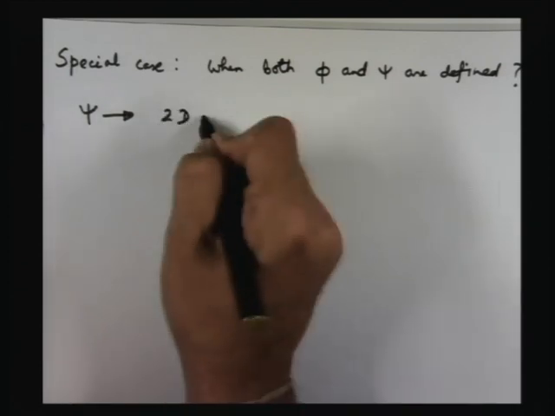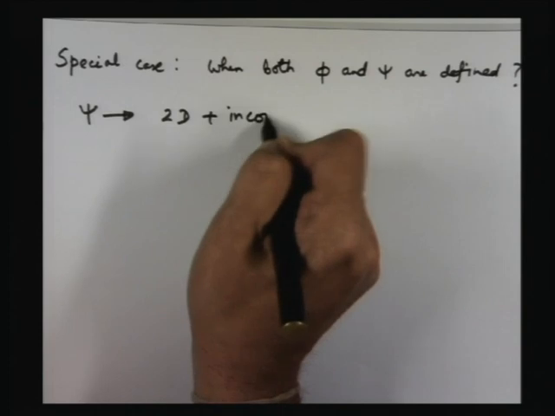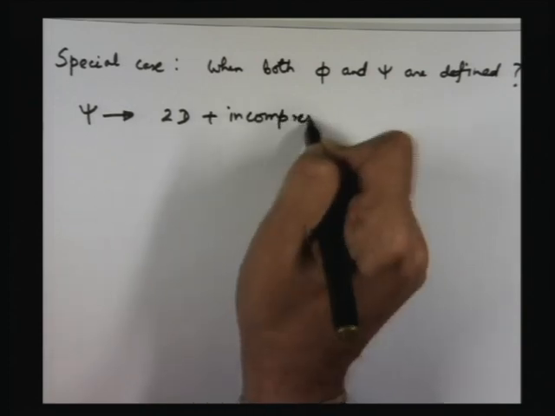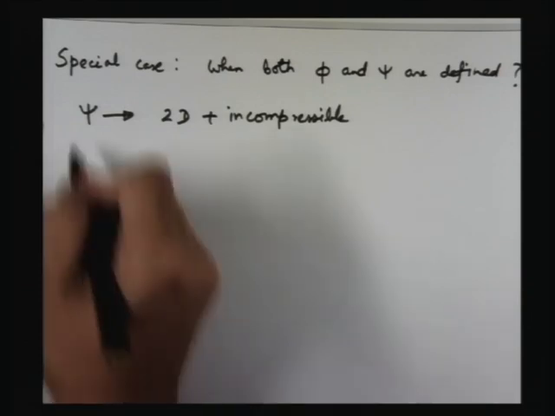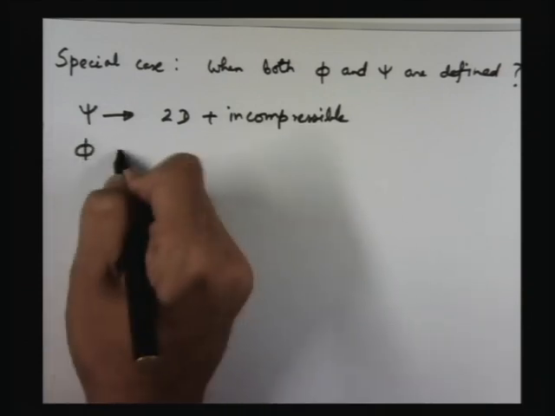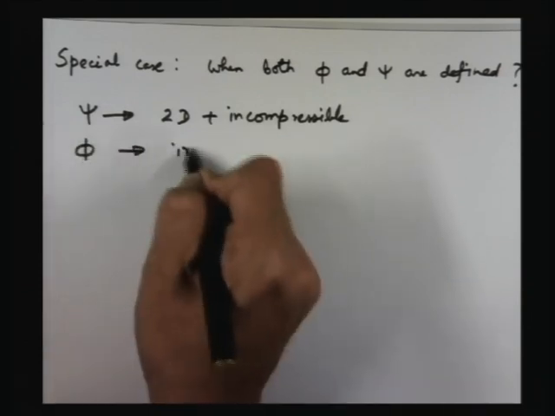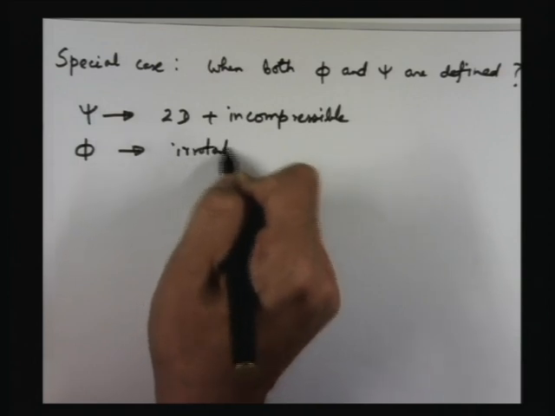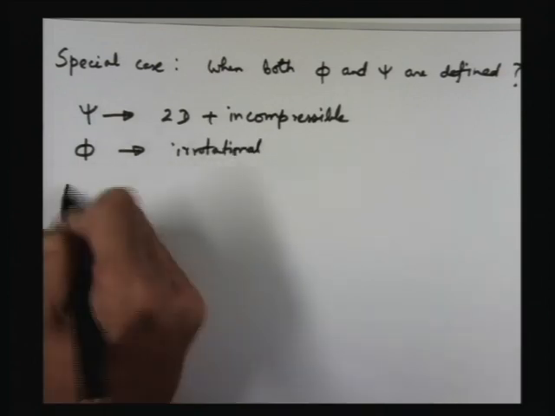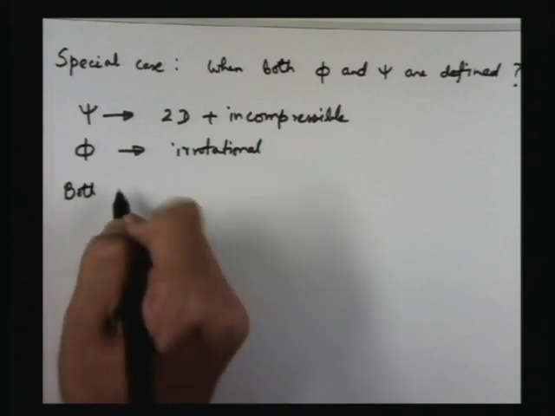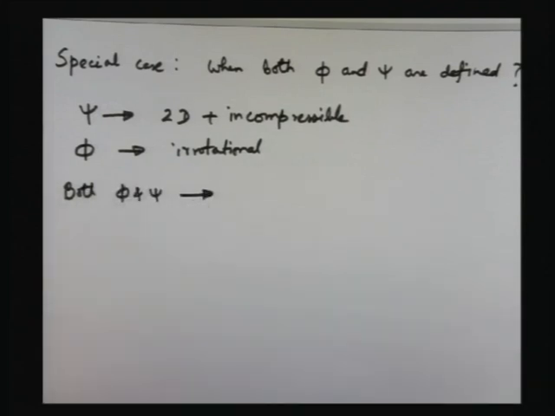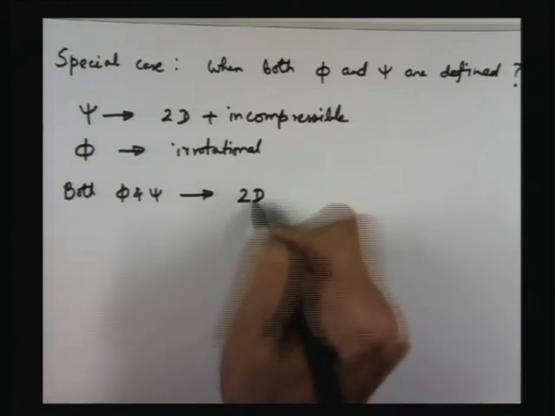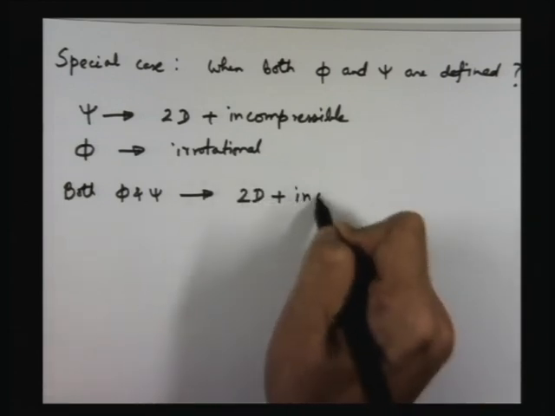Two-dimensional plus incompressible flow. When phi is defined, irrotational flow. So when both phi and psi are defined, 2D incompressible irrotational flow.